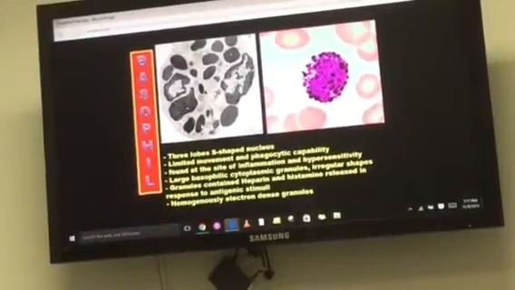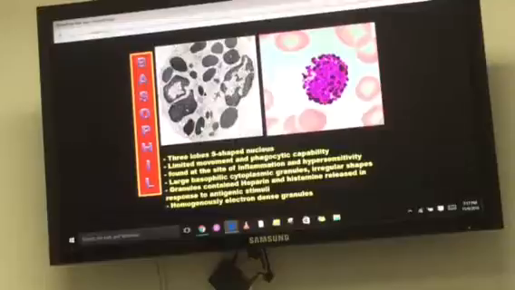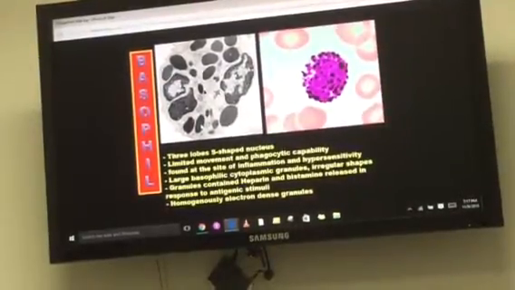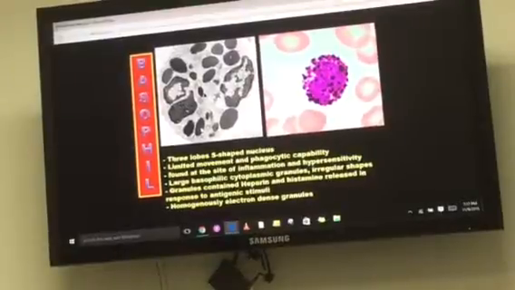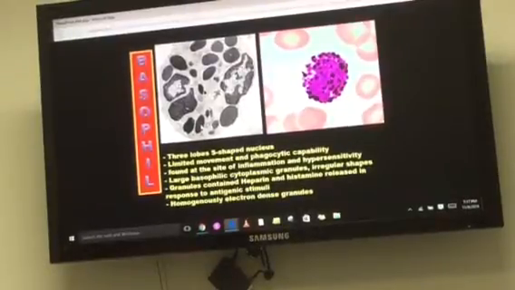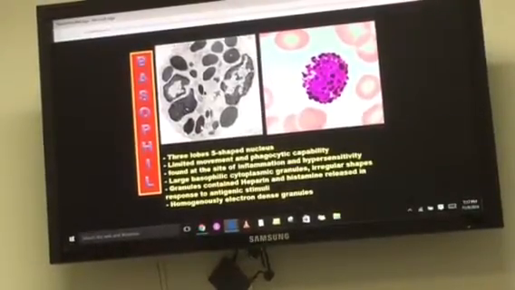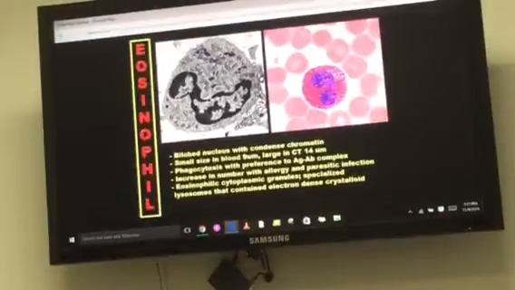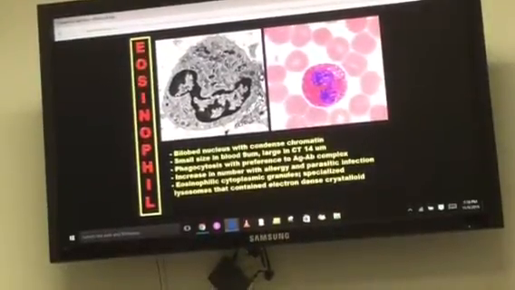Large basophilic cytoplasmic granules, irregular shape. Granules contain heparin and histamine, released in response to antigenic stimulus, homogeneous, electron-dense granules.